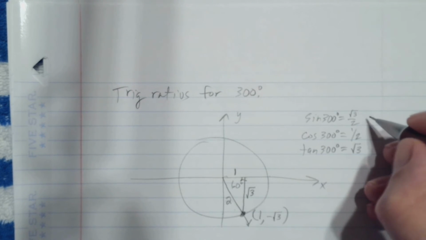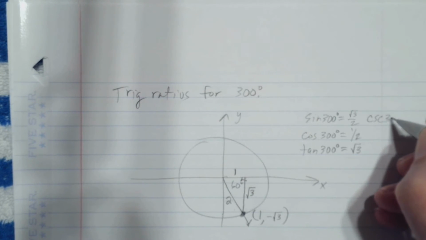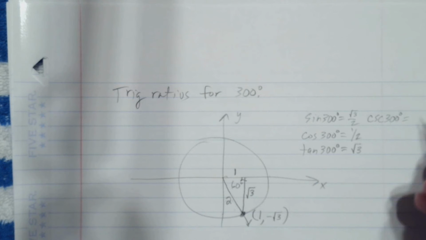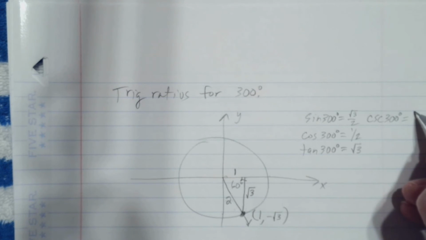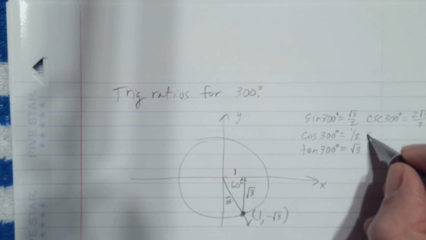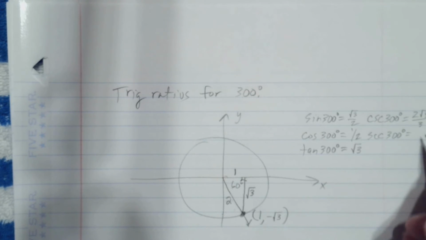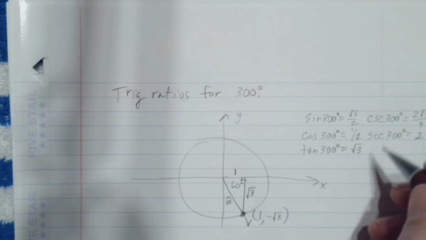the reciprocal ratios, so for sine it would be cosecant of 300 degrees. It'd be 2 over the square root of 3, which we would end up rationalizing, and you get 2 square roots of 3 over 3. For secant of 300 degrees, you take the reciprocal there, you get 2.